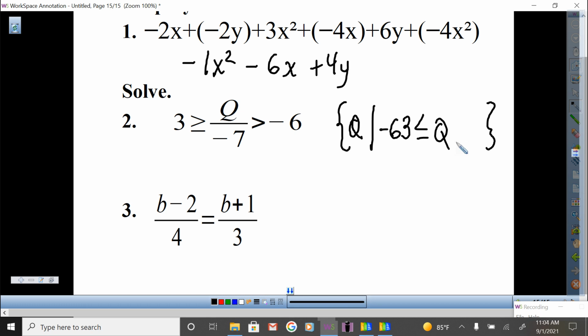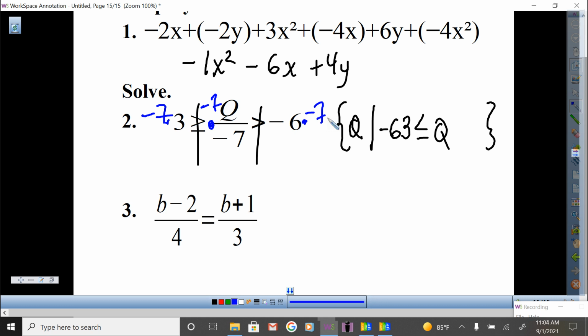All right, so this is correct and this is correct, but we're still missing stuff. So if we were to draw a line down the inequality symbols, we need to leave q by itself. So what do we do to get rid of that negative 7 that's dividing? We multiply times negative 7, on all sides.